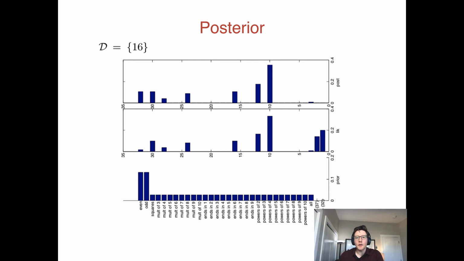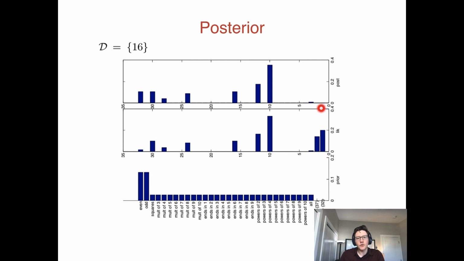Now we can see what our posterior is. Our posterior is proportional to our likelihood times our prior. You can see some of these rules that we're not willing to consider, that are 0 in our prior, might have high likelihood, but that doesn't matter.